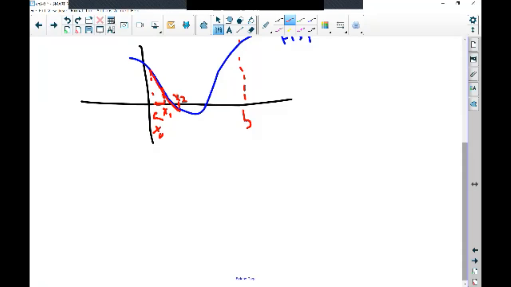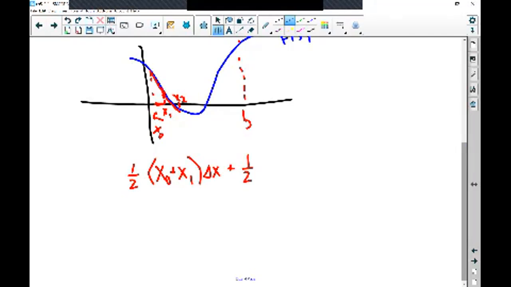Okay, so for the first trapezoid, remember, the area formula is 1/2 base 1 plus base 2 times the height, and the height is our delta x. The second trapezoid, 1/2 base 1, which is x sub 1, plus base 2 times the height, and so on.